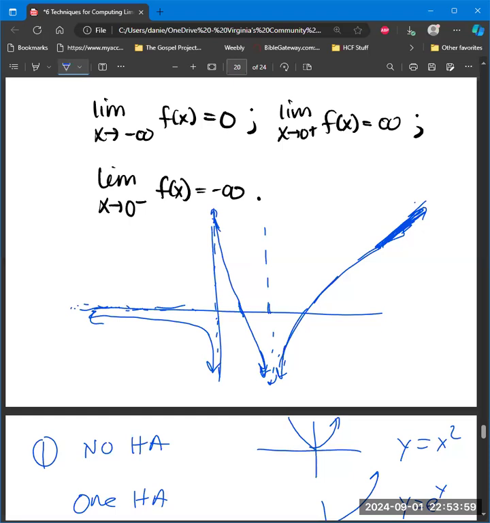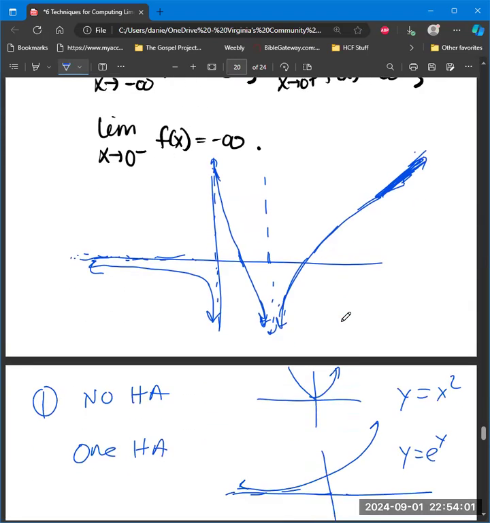So this is a decent representation. There's nothing saying that I'm going to a slant asymptote here. I could just go off to infinity because the power is increasing like that. I do have this horizontal asymptote over here at y equals 0, but it's only on the left-hand side.